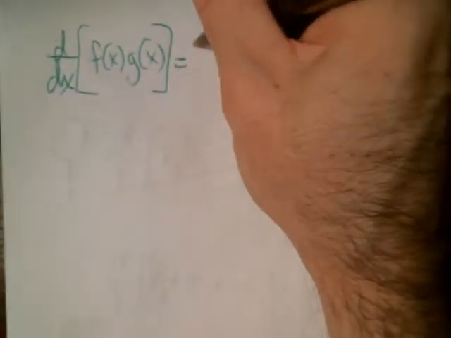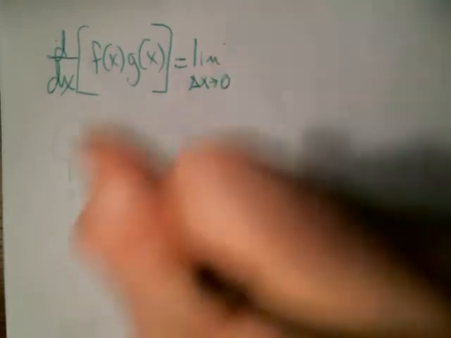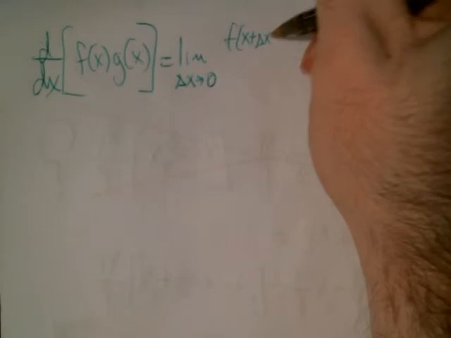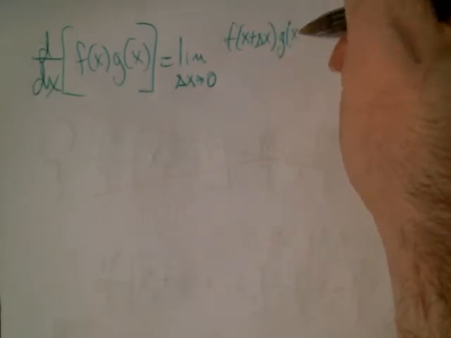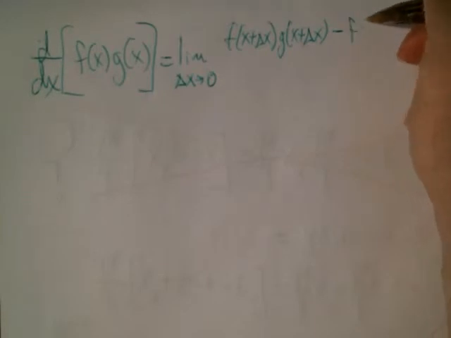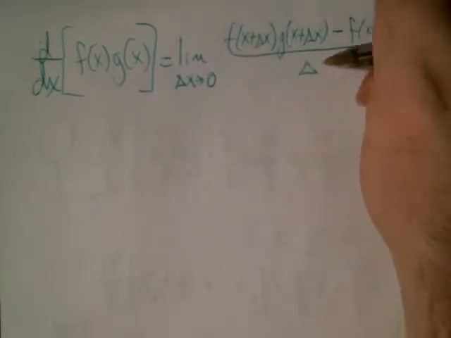Figure out a formula, and you do it via limits, right? So the derivative of a product of two functions. We'll use the limit definition to finagle this answer. So we have f of x plus change in x times g of x plus change in x minus f of x times g of x all over change in x.